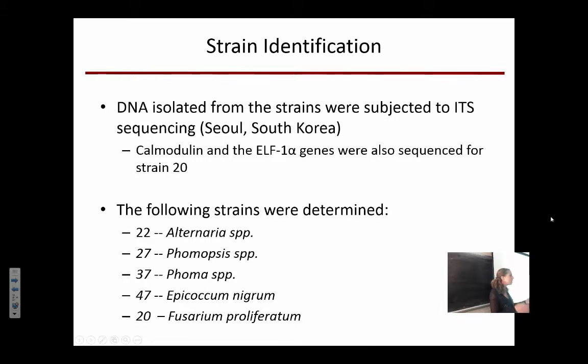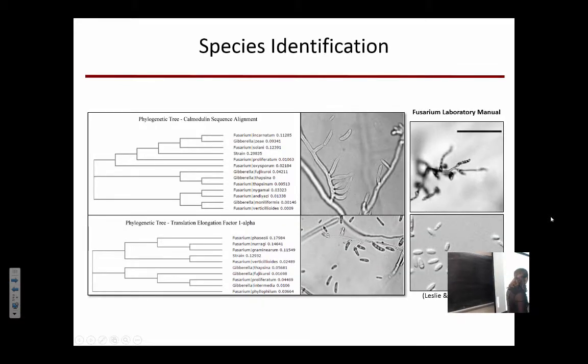But unfortunately, I was still getting a little bit of variation, and so I decided to go ahead and do some microscopy. And paying close attention to this Fusarium laboratory manual that is written by Leslie and Summerell in 2006, I was able to identify the fungus based on morphological characteristics.